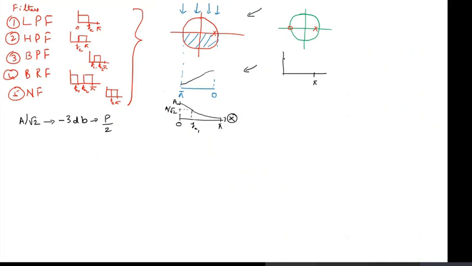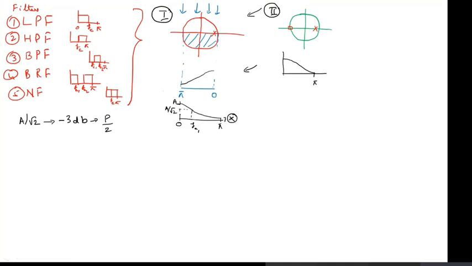So now I will be having something like this, where my amplitude response gets 0 at pi. So this is the first case of a low pass filter. This is the second case of a low pass filter. Okay.